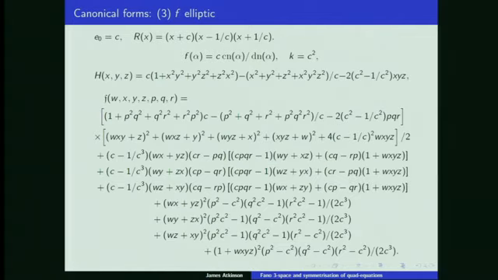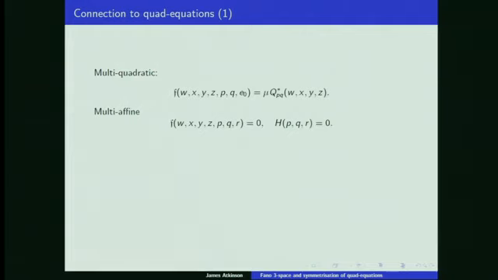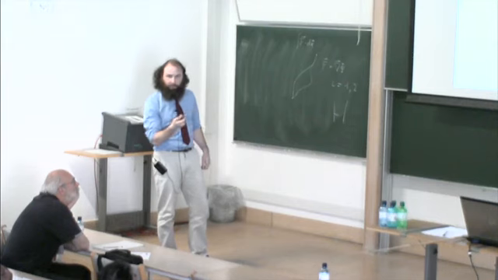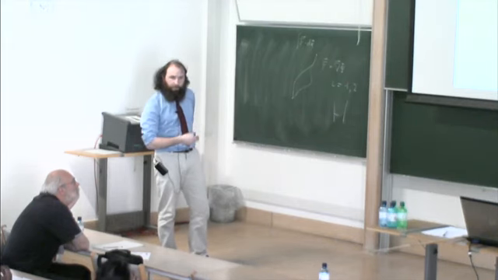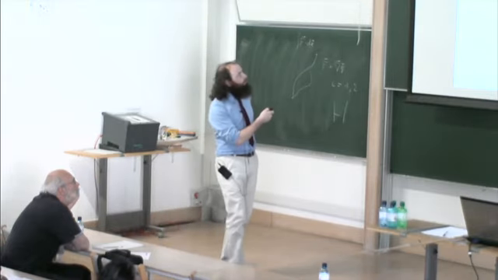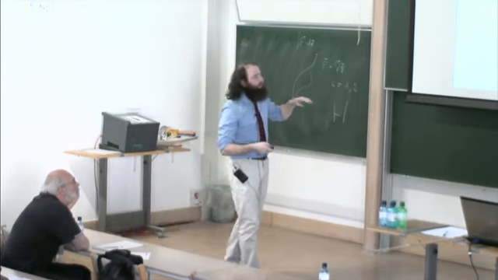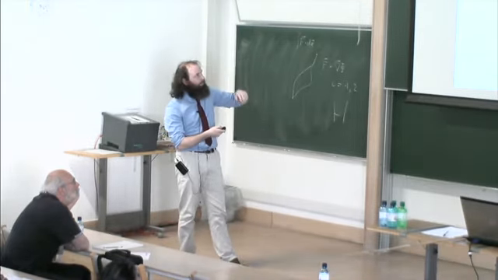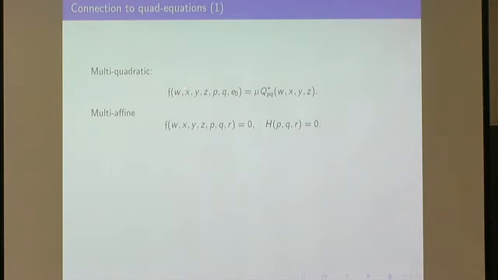Okay, so the main thing about these polynomials is that they can contain as subcases the familiar quad equations. So the multi-quadratic case is more or less by construction because of what Maciek said in the introduction. Basically, we use the same discriminant factorization hypothesis. However, instead of r being free, r is chosen to be the identity point on the curve. And this makes these 2 other biquadratic, triquadratic polynomials degenerate.